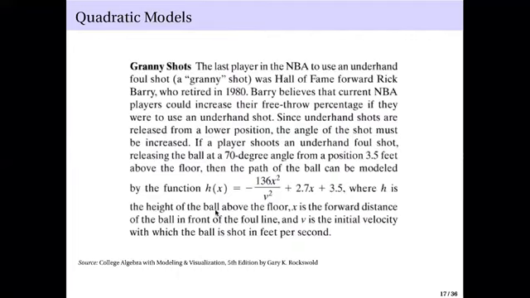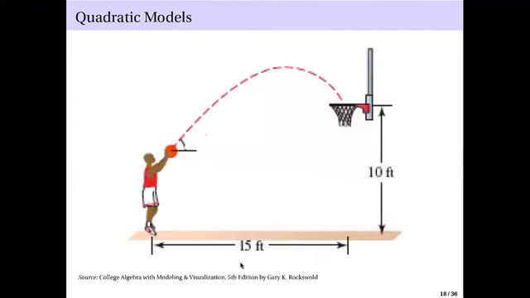Here, h is the height of the ball above the floor, x is the forward distance of the ball in front of the foul line, and v is the initial velocity with which the ball is shot in feet per second. If we look at this, this is not a hand-to-hand shot, but this is how we interpret it. You have some ball coming from lower than possibly your shoulder, but of course there will still be an angle.